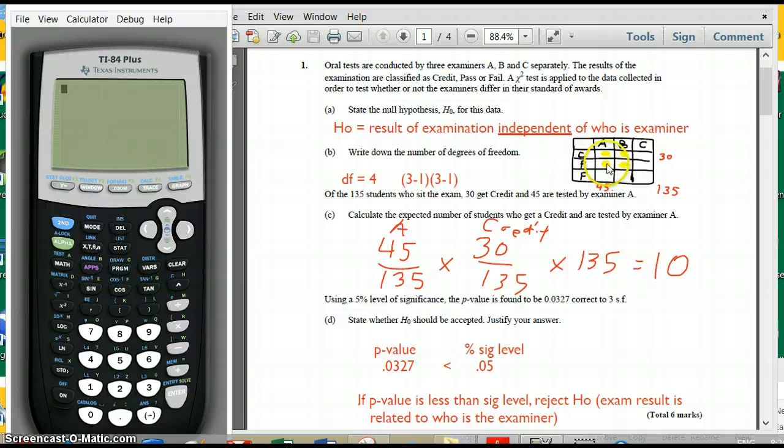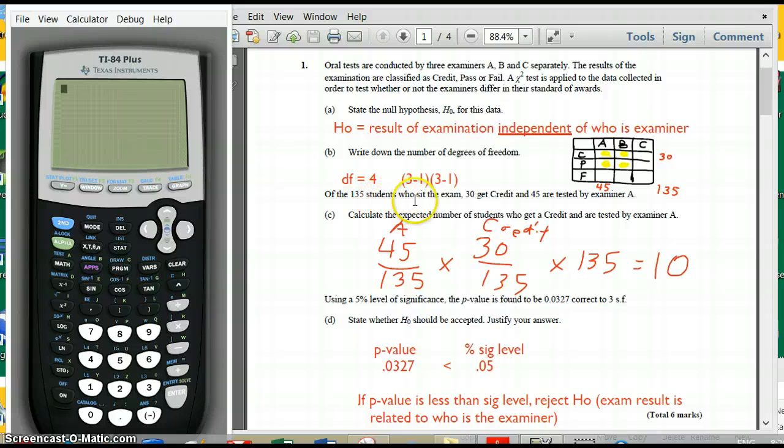You can choose these values, but once you choose these four values, then the third value in each row and column must be calculated because you've already chosen the first two. The third one can't be chosen. It has to total up to be these subtotals. So we know that the degrees of freedom must be 4 in this case, which would be 3 minus 1 times 3 minus 1, or a 2x2 table. So a 2x2 table has 4 degrees of freedom.